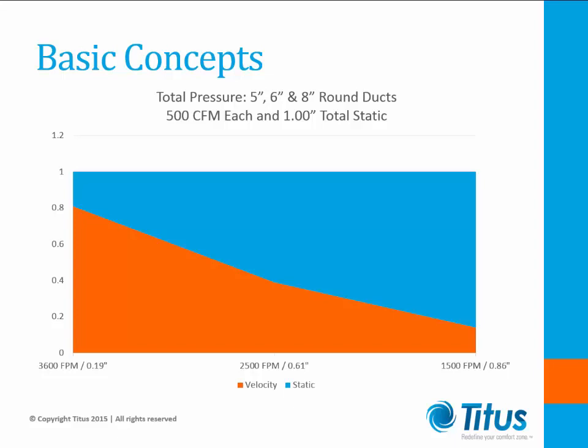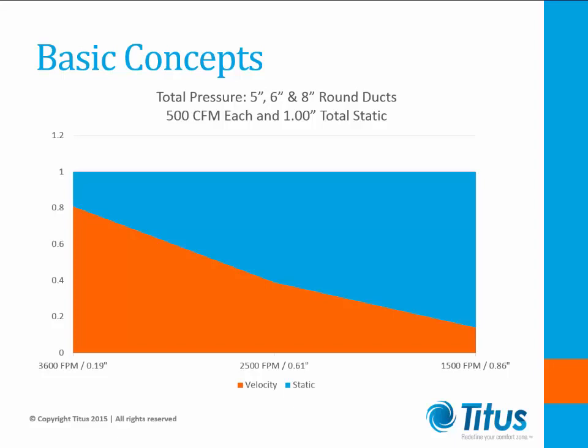Velocity pressure will decrease to 0.39 inches, and static pressure will increase to 0.61 inches, still maintaining the 1-inch total pressure.